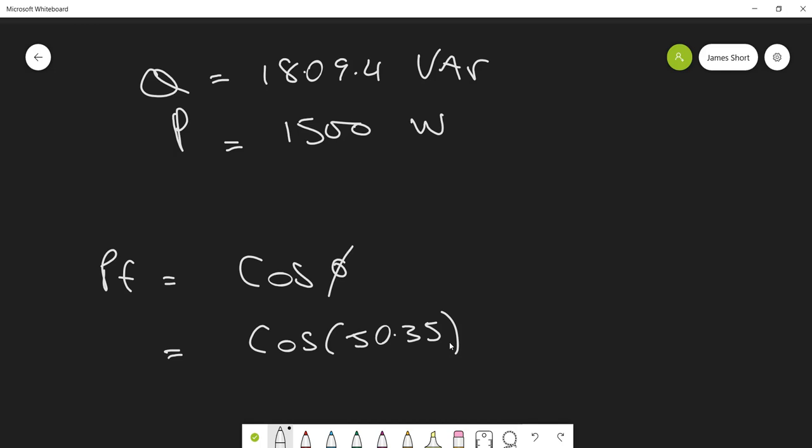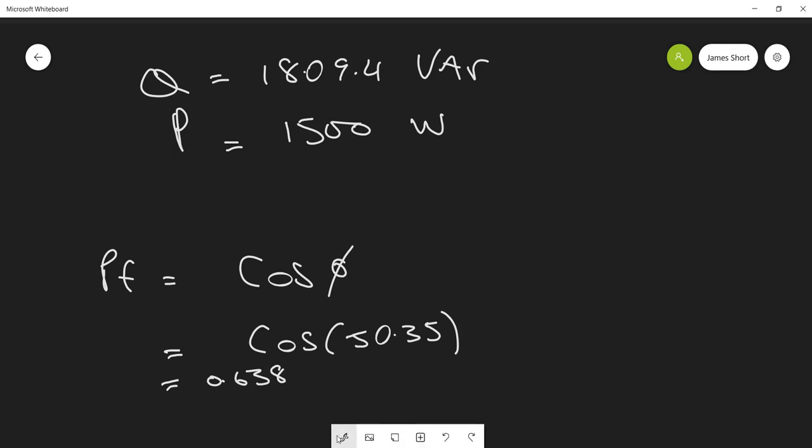So cos of 50.35, and that comes out at 63.8. So again, not very good, but hopefully that's made it a little bit clearer as to what you were to do, well, if I get this right.